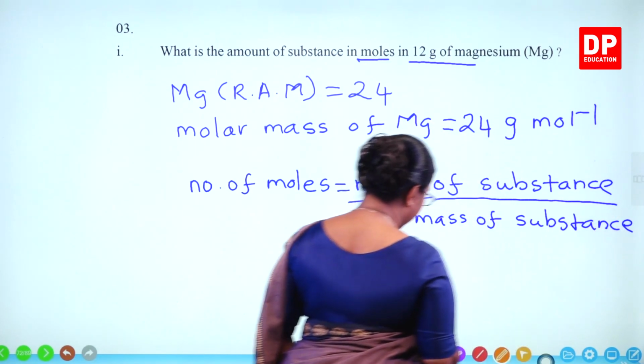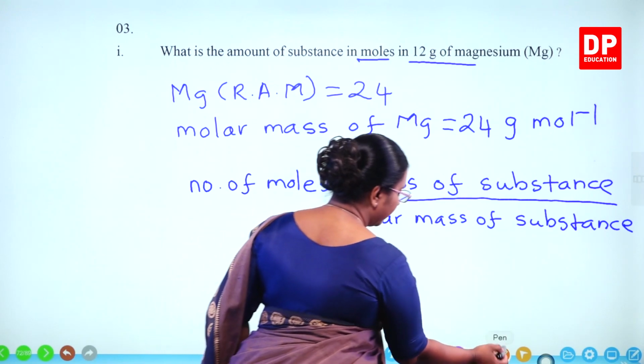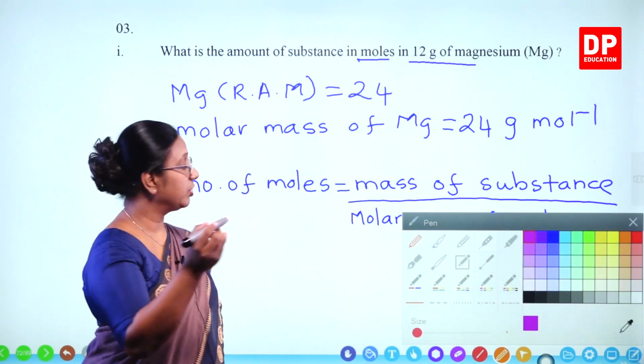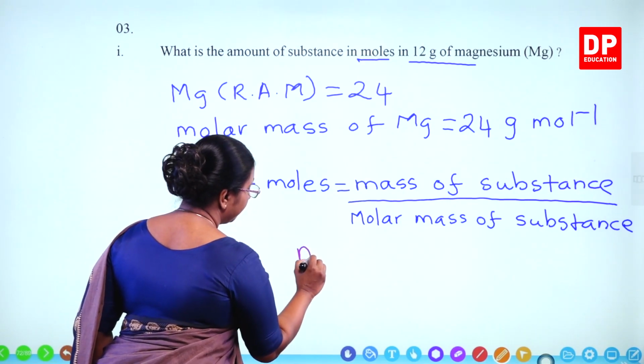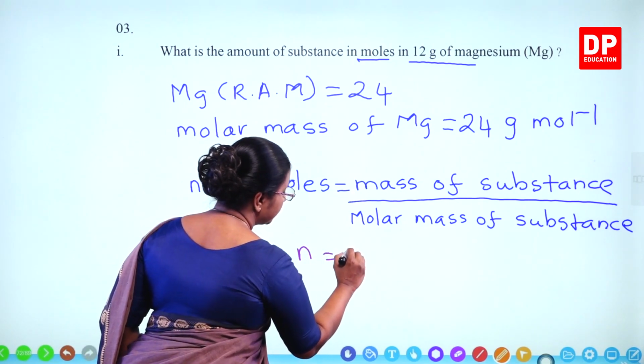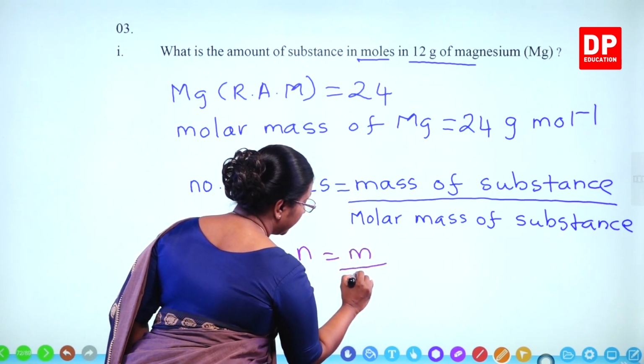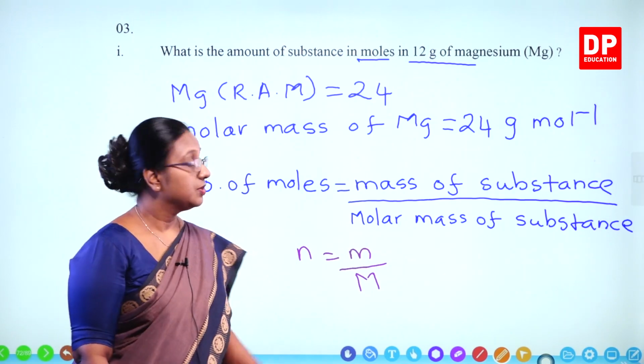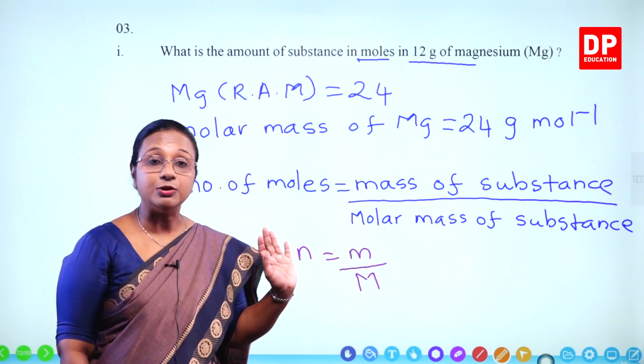So for this first calculation, I am going to write everything. If you give this in symbol form, how do you write? N for moles, mass is going to be simple m, and molar mass is capital M. So this is going to be the equation.